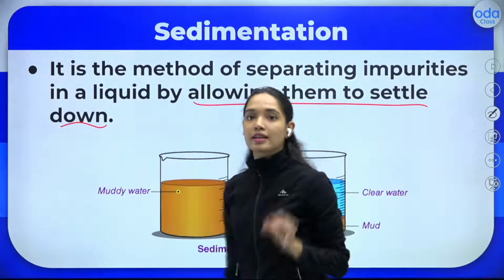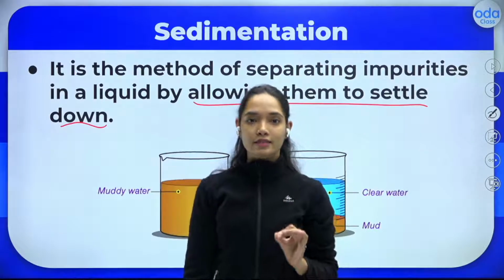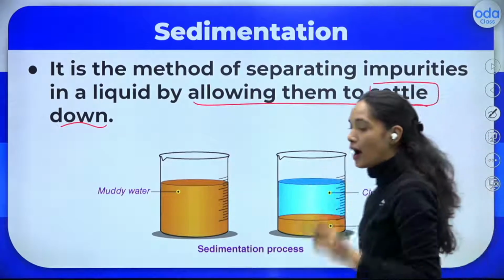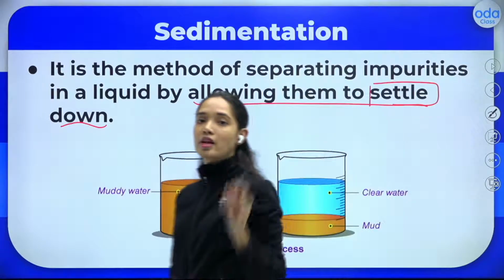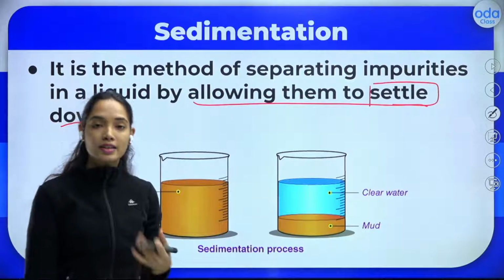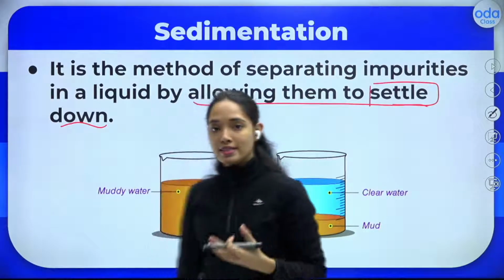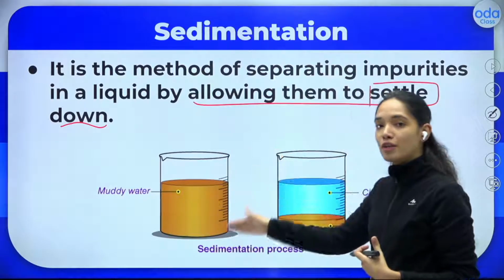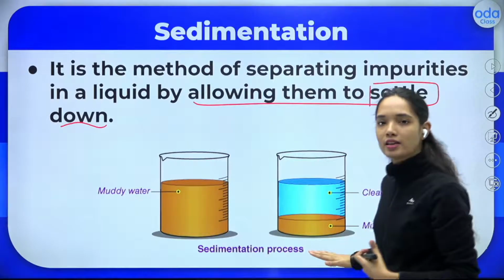The term settle down is very, very important here. We allow those impurities to settle down at the bottom. That is how we separate. The best example is the separation of muddy water by allowing those particles to settle down at the bottom.